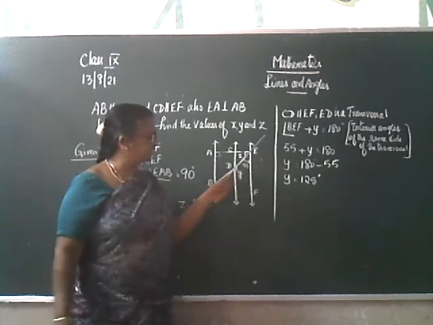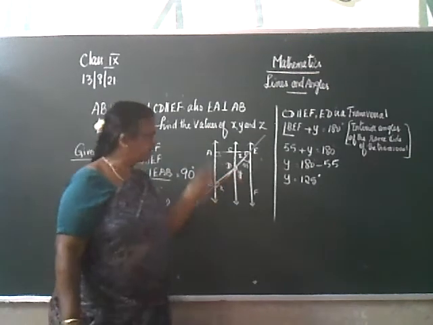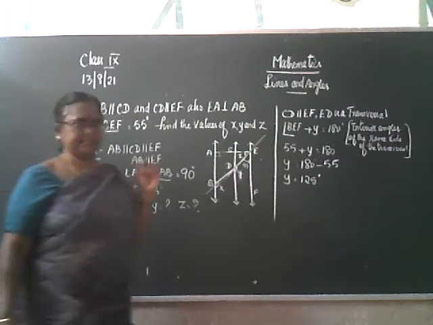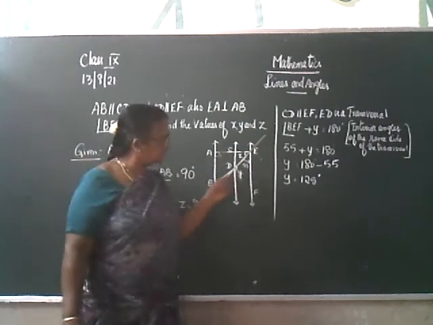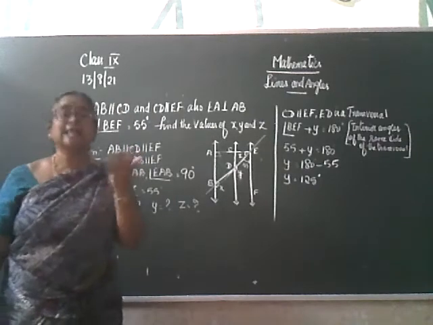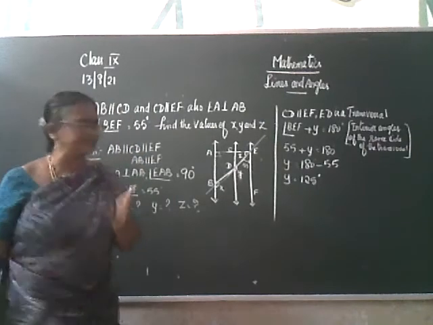What about these two? These two lines are parallel. Then BE is a transversal. Then what is this? Yes, these two are corresponding angles, isn't it?